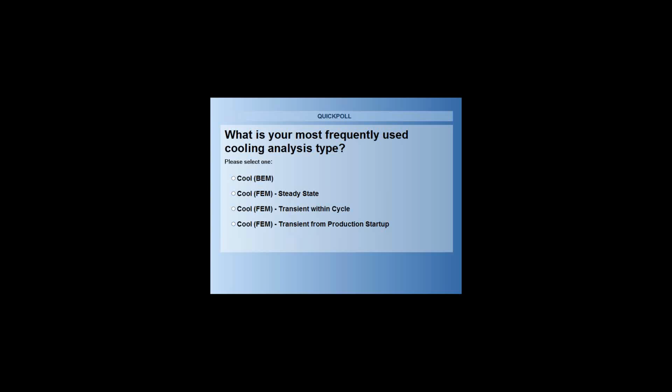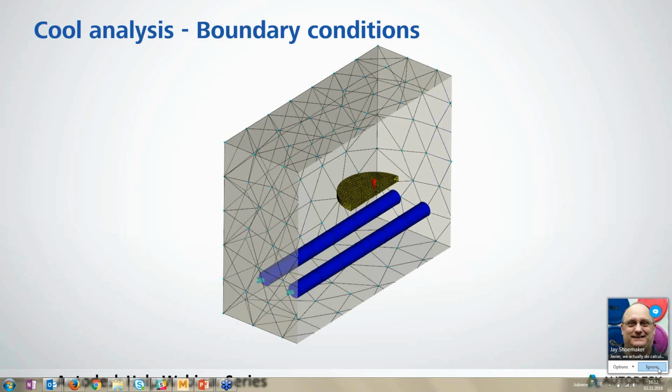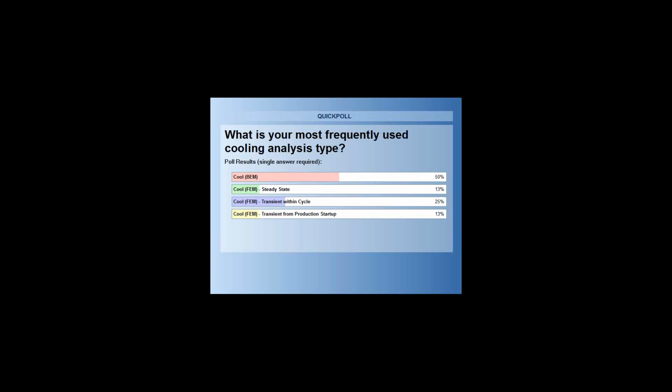Okay, let me go ahead and share those results for you all. There we go. It looks like the majority of you who have answered indicated you use the Cool BEM analysis, whereas the Cool FEM transient with thin cycle is a close second to that.